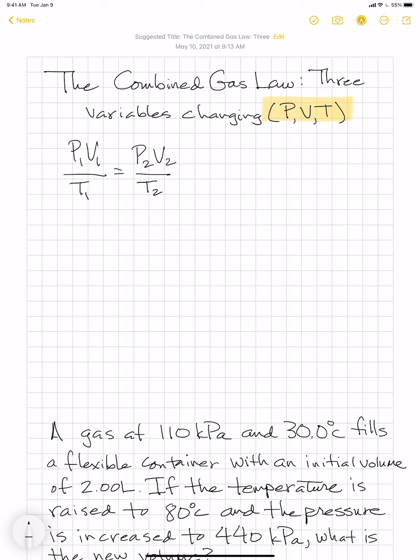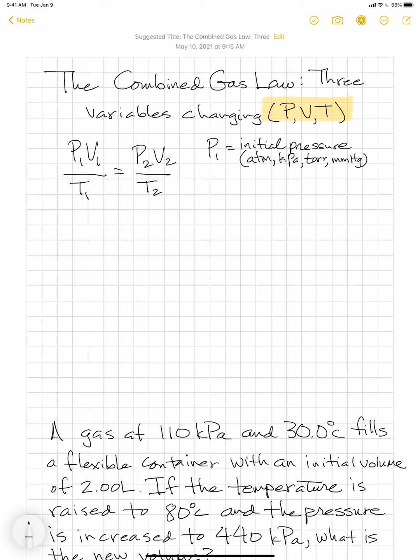Okay, so here we go. When we look at the combined gas law, of course you're going to see P1, okay, and that is the initial pressure. Sometimes you call that the starting pressure. Now, what kind of units can be used for pressure? Atmospheres, kilopascal, torr, millimeters of mercury.